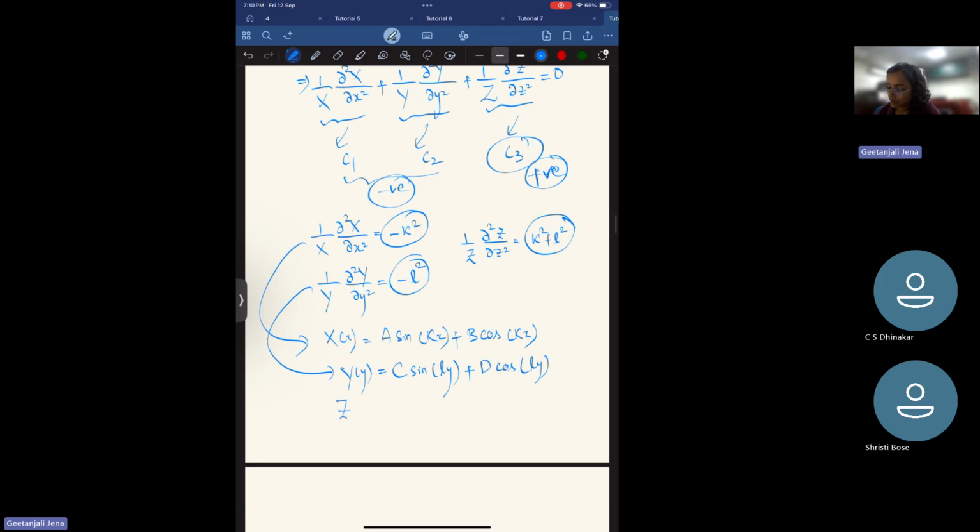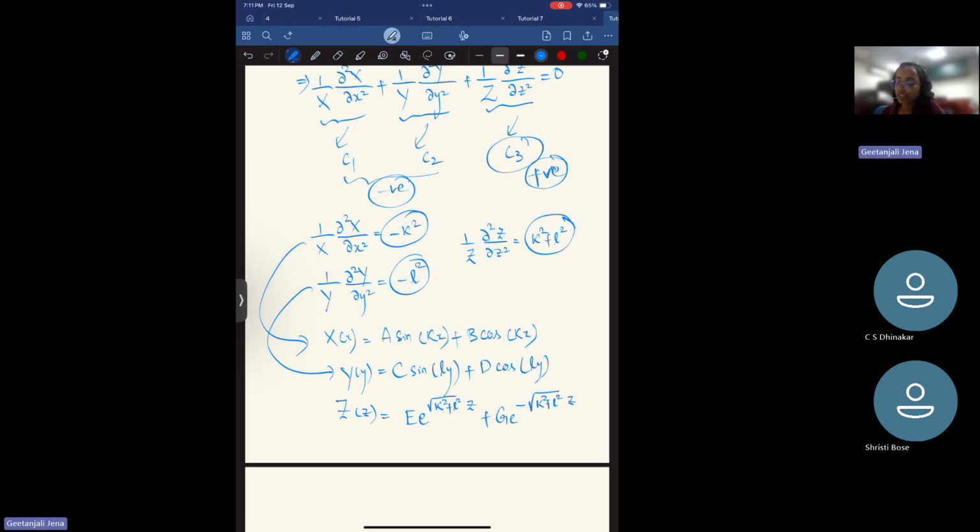And for z, it is an exponential function. So this will give e to the power kz, where k is the square root of k square plus l square, plus F, or let's say e to the power minus square root of k square plus l square times z.